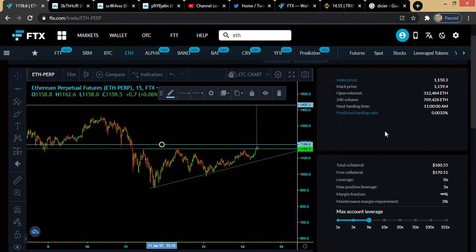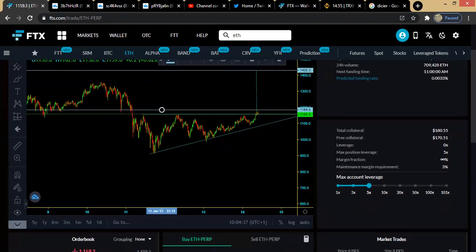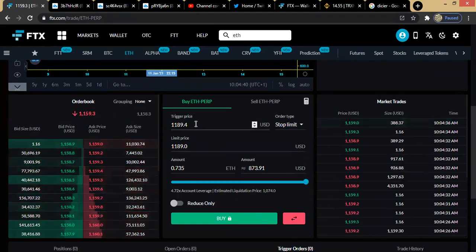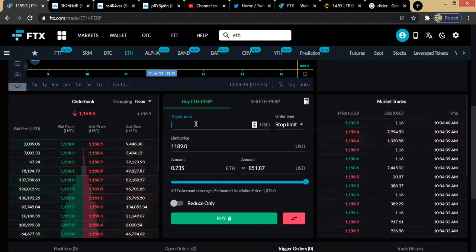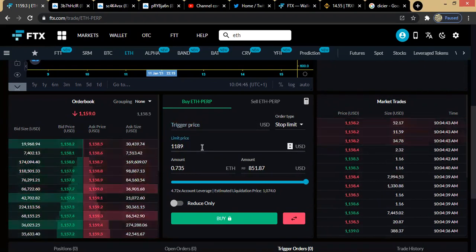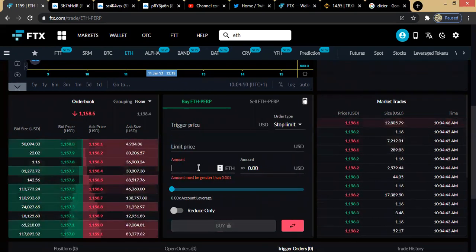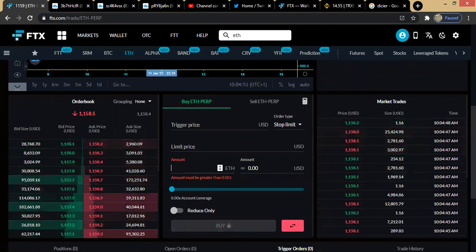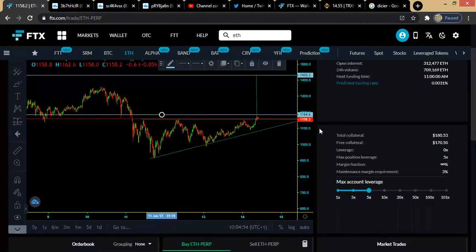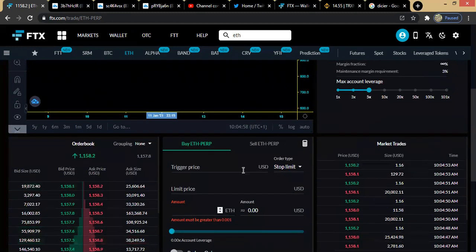1184.6. So I go right ahead and switch to buy stop. I put my entry at what I want to put my entry at. Where did we say again? I want to put my entry at 1184.6. That will be my entry.